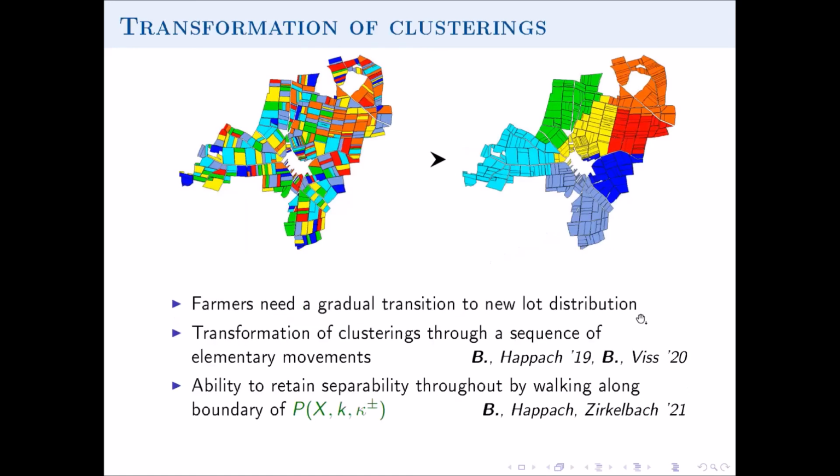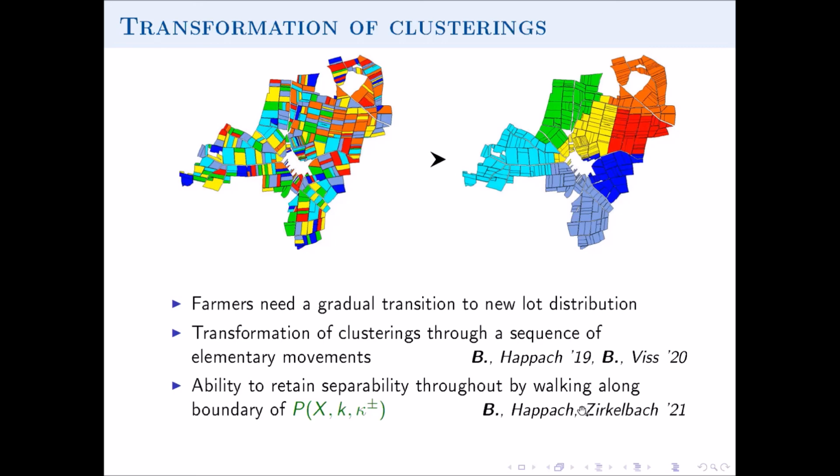And I'll just tell you that there were two practical algorithms that came out of this. We can actually transform clusterings through a sequence of such elementary movements. So we can explicitly compute a sequence of elementary movements that takes one balanced least squares assignment to another one.